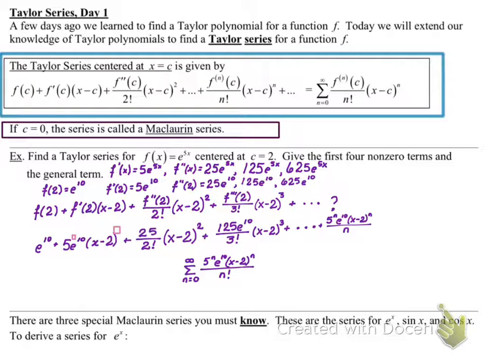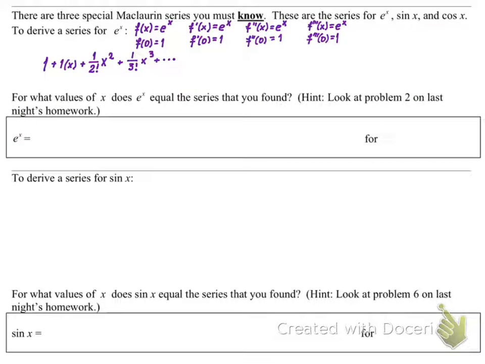Now we're moving on to 1, 2, 3 very fundamental series that you absolutely must know. Okay, so it's not very interesting. f of 0 is 1, f prime of 0 is 1, and so on. And then we go to find our general term, and all we really have going on there is x to the n over n factorial.